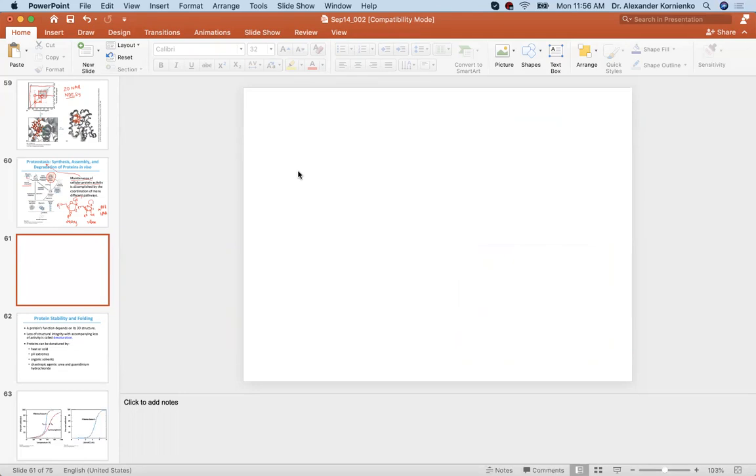It's called Levinthal's paradox. So if you have E. coli, a gram-negative bacteria, right? A lot of it lives in our gut.